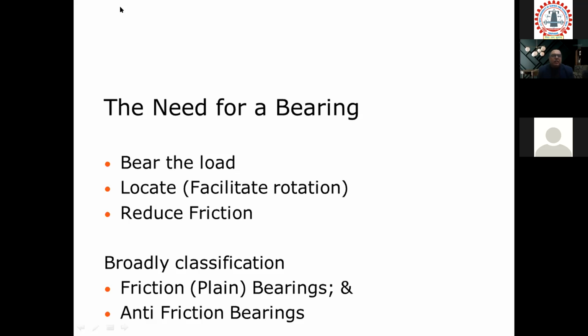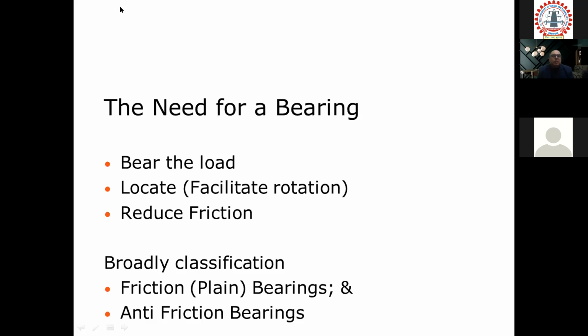And finally, the third function is to reduce friction. But the first two are more important than reducing friction, because there are friction bearings also. We can broadly classify bearings into plain bearings, or friction bearings, and anti-friction bearings. For plain bearings there are many examples, like crankshaft bearings or bushes, which are used in many applications.